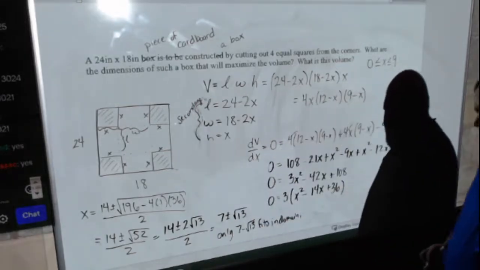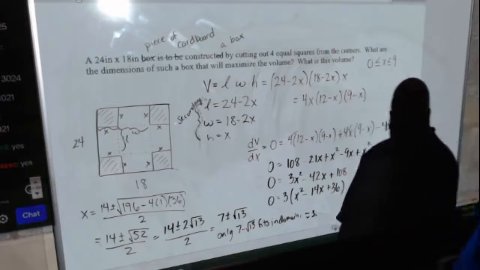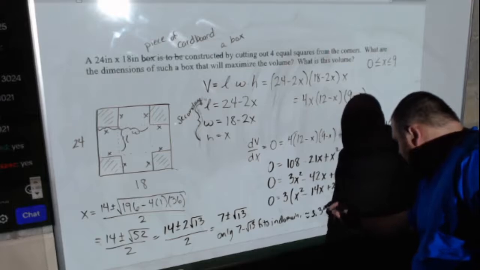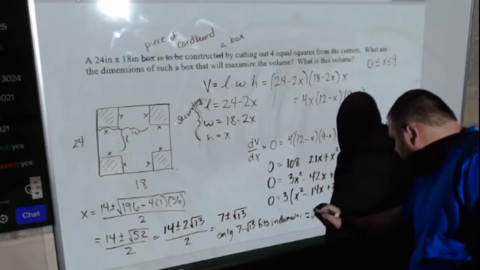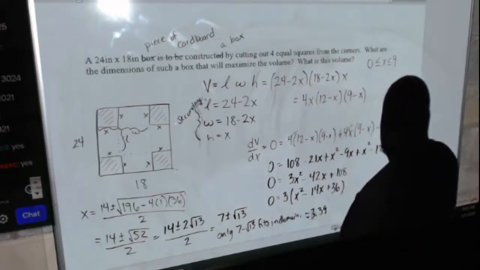Only the 7 minus root 13 fits in the domain. It is approximately 3.39. But I'm going to continue to use this form, the 7 minus root 13.